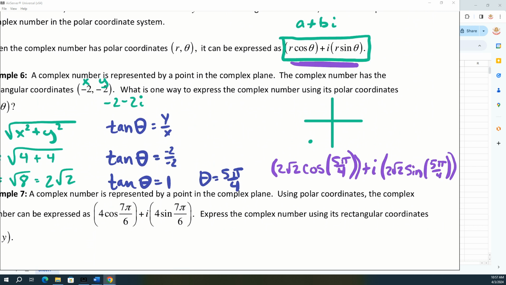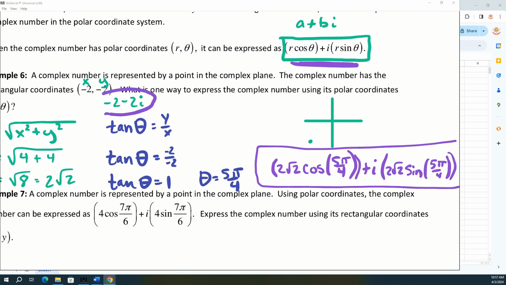So what we just found was the polar form of the complex number negative 2 minus 2i. They are the exact same number, just written in different forms.